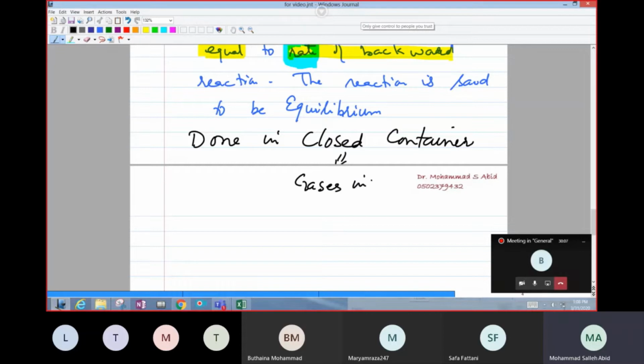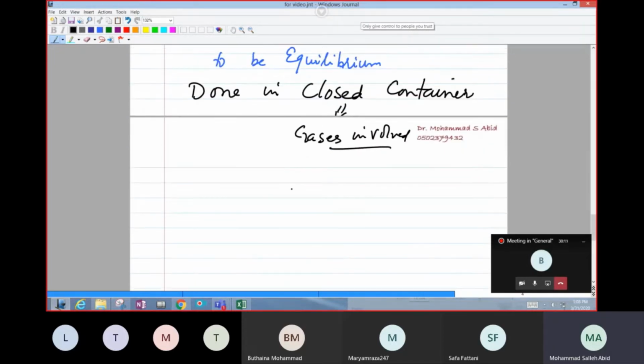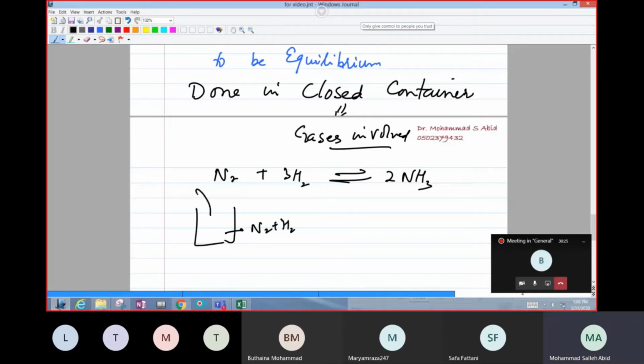For example, if you are carrying out a reaction between nitrogen and hydrogen in an open vessel, what will happen? Nitrogen and hydrogen will combine together, and ammonia will escape out. So there is no ammonia for the backward reaction to take place. Is this clear?